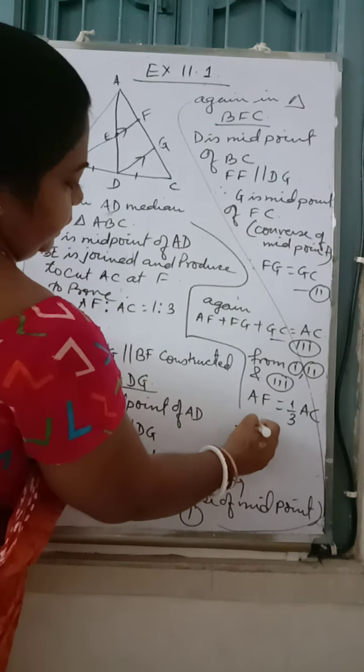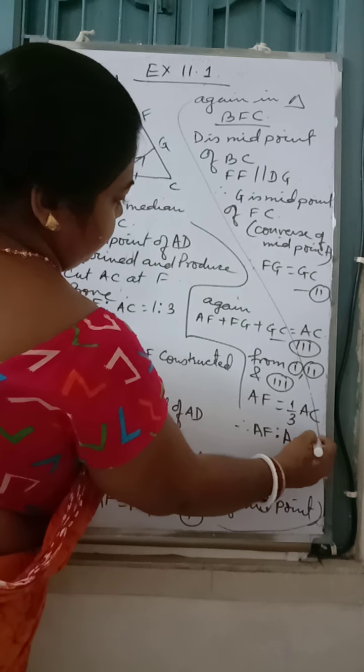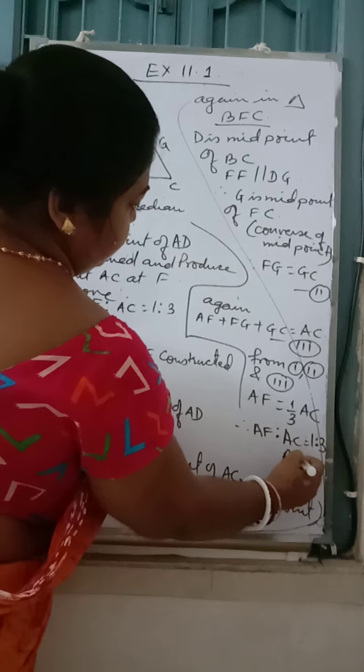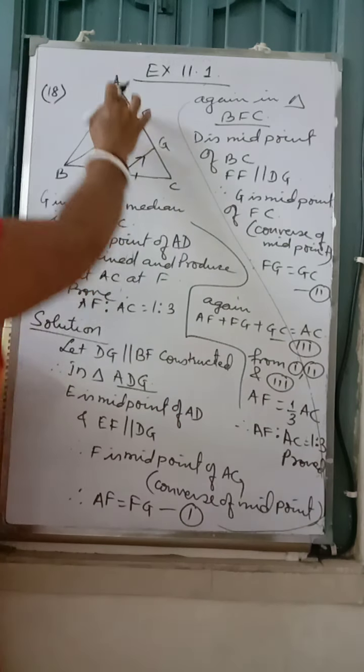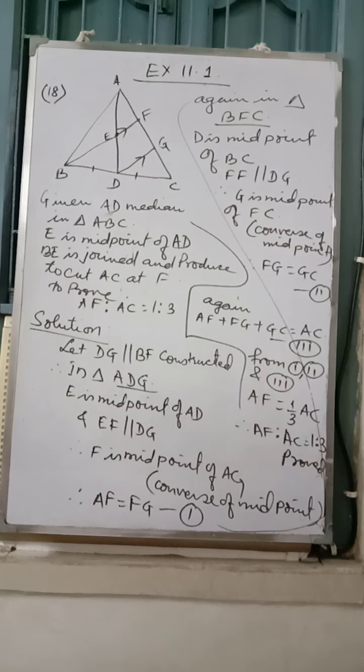So that's what AF is to AC is equal to 1:3, proved. AF, FG and GC are equal. So AF is 1/3 of AC, so the ratio of AF and AC would be 1:3. Write it please.